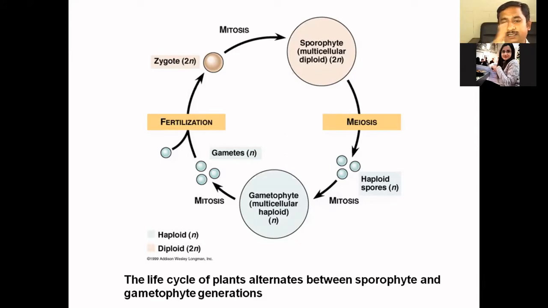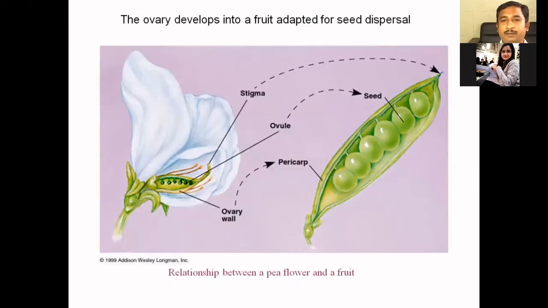The cycle continues between gametophytic and sporophytic. Just remember the ploidy status of the sporophytic cell and the gametophytic cell. These are the two important terms that you need to remember.